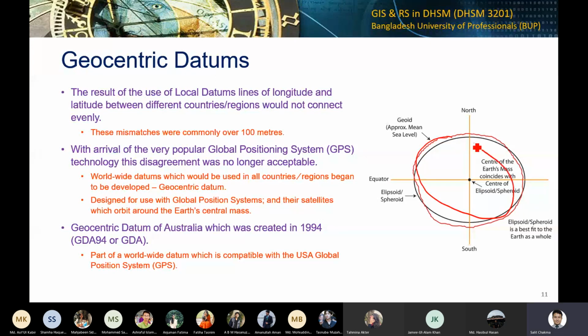Okay, so maybe this spheroid has its center located here. So the center has moved away this much. Also, the axis has moved away, right? So the software automatically calculates these changes and transforms the coordinate system to the local coordinate system, and thus we do not have really any problem.